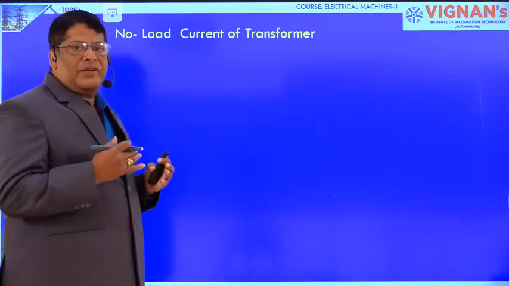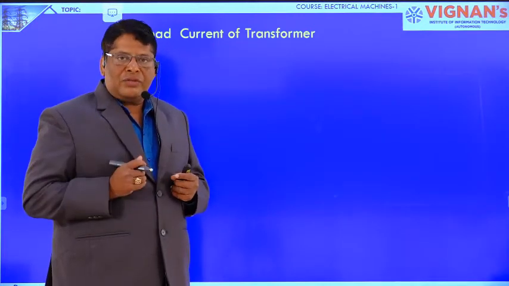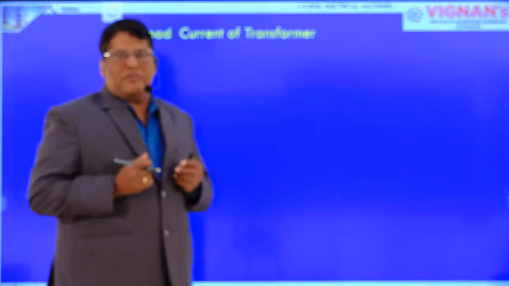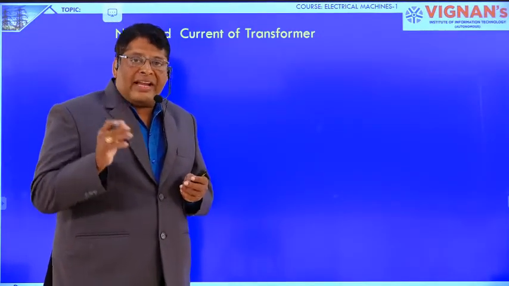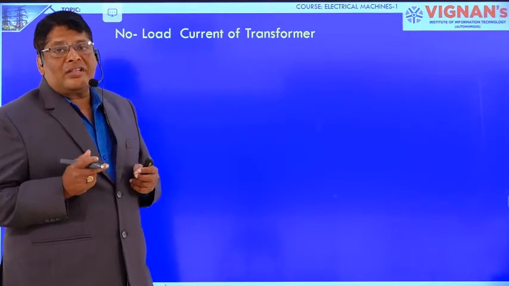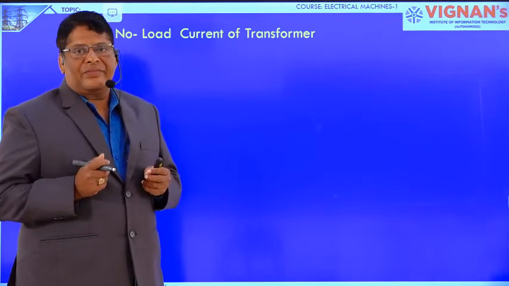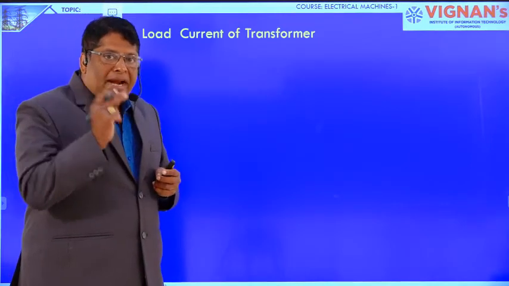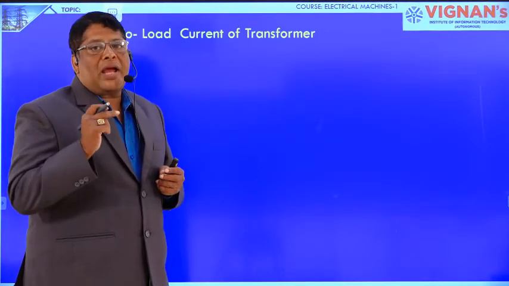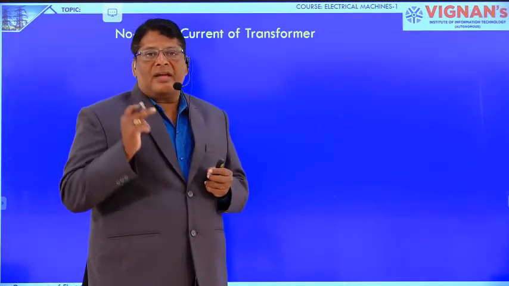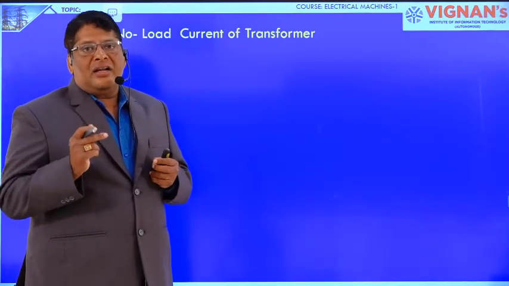How much input power you give to the transformer, the same amount of power we can take from the transformer. There is no voltage drop in the transformer, that is, the leakage flux is neglected. The third one is that the permeability of the magnetic material is infinity. That is, to create a magnetic flux in the core, the transformer will take some amount of current. So these are the three properties of an ideal transformer.